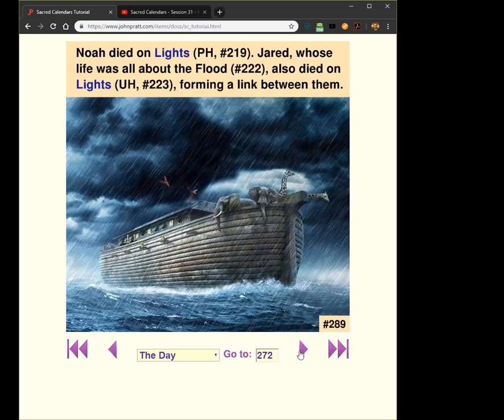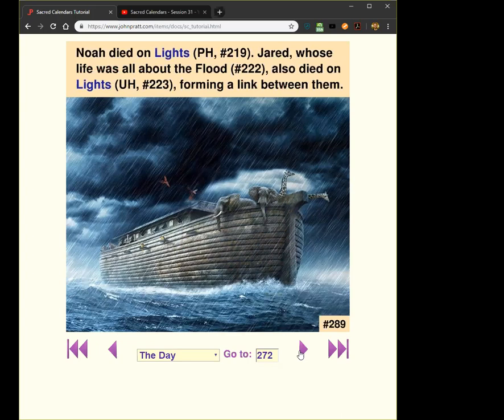This is the day that was not a holy day to the Hebrews until 165 BC at the rededication of the temple, when it was redone after the Seleucid Greeks had defiled it. It was rededicated. And then Jared, whose life is all about the flood, we've talked about that before. Born, died, everything had to do with baptism for him. He also died on lights.